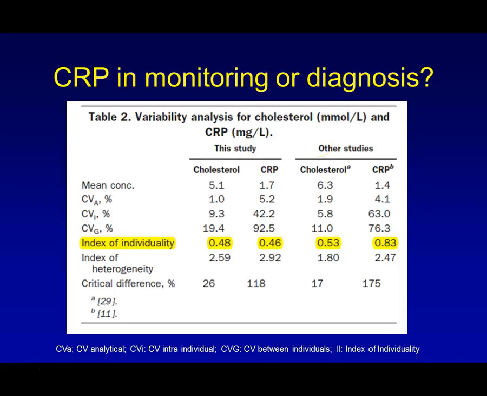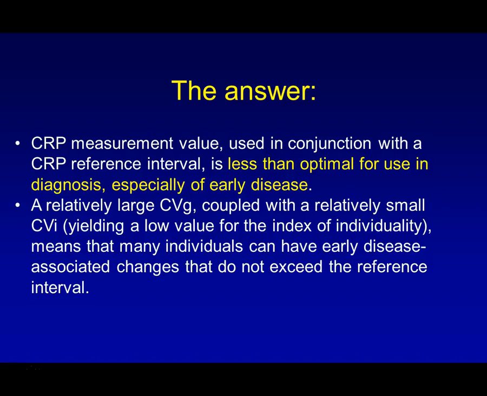This table not only shows the variation coefficients for CRP but also for cholesterol. If we calculate the index of individuality, we see in this study for CRP an index of individuality of 0.46. However, in other studies, an index of individuality of 0.83 was found, and this is rather strange.